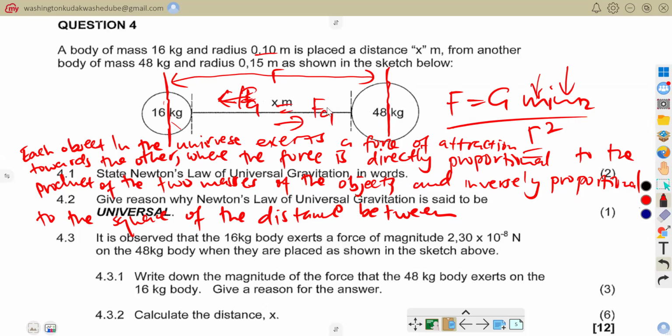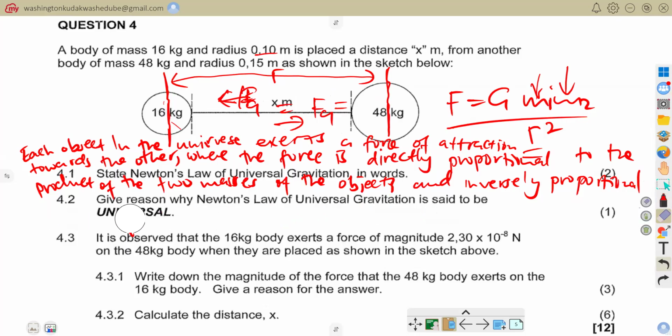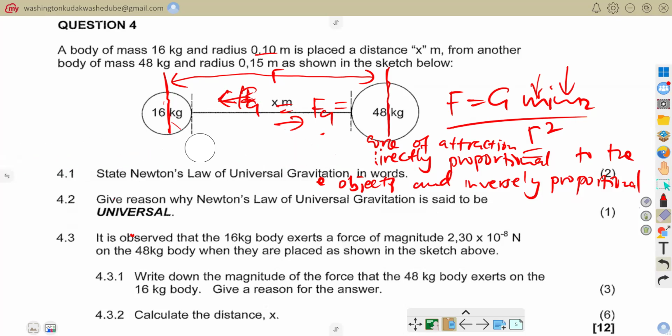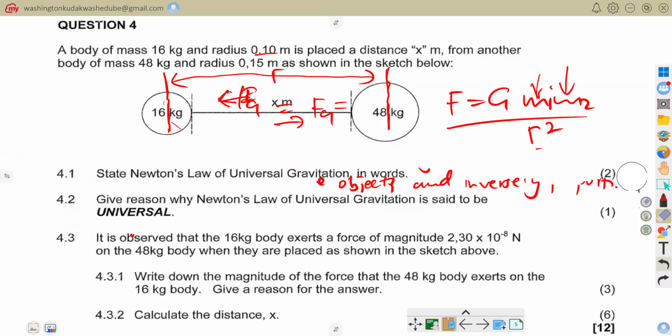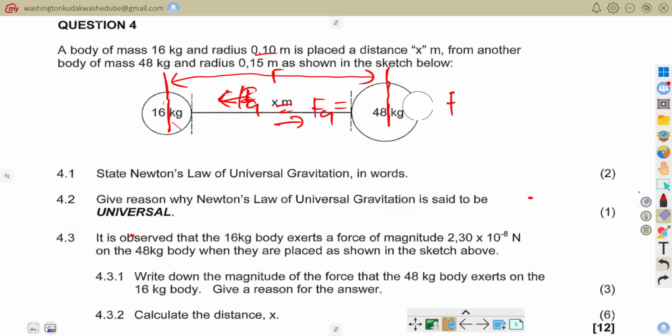And these two forces are directly proportional to the product of the two masses, the mass of this object and the mass of that object, but inversely proportional to the square of the distance between the two centers. So that is simply what Newton's law of universal gravitation states.